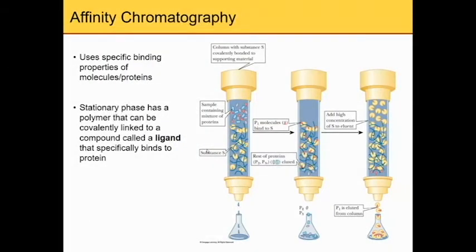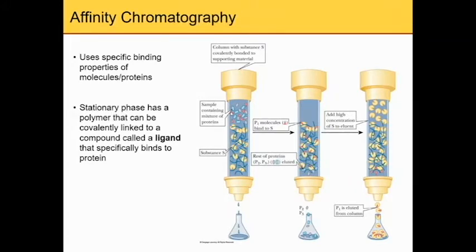And then affinity, the affinity chromatography. All right. So basically, you use the specific binding properties of the protein. The stationary phase has a polymer that can be covalently linked to a compound called a ligand, and that specifically binds to the protein of interest.